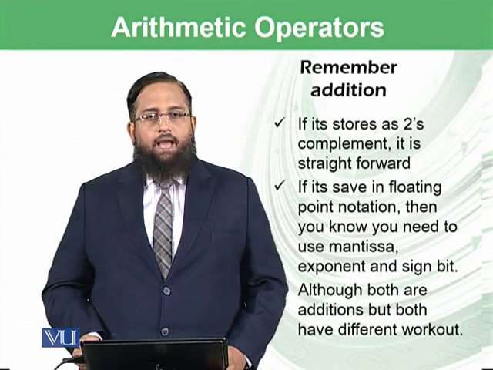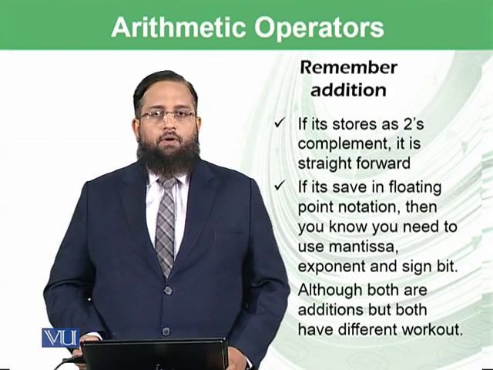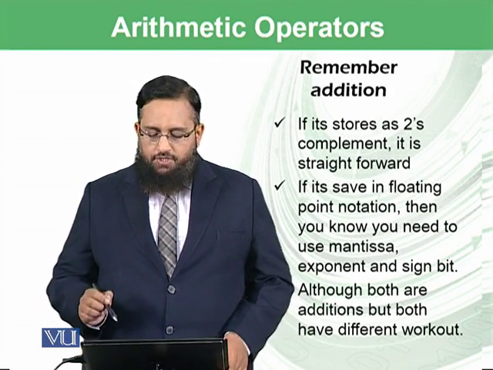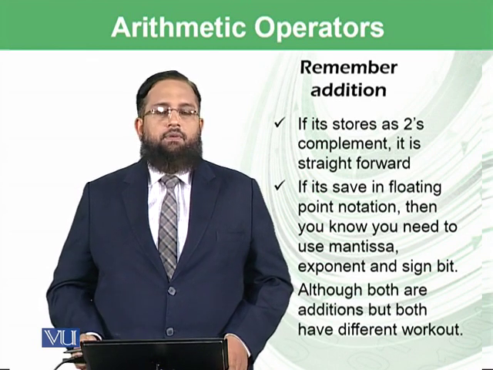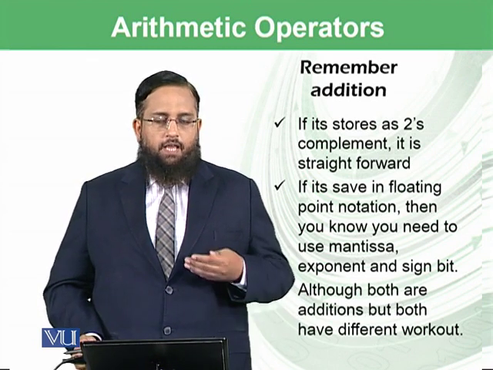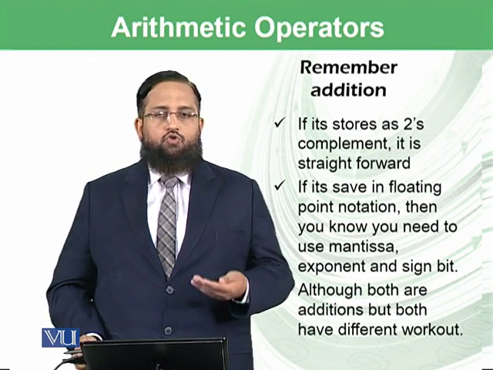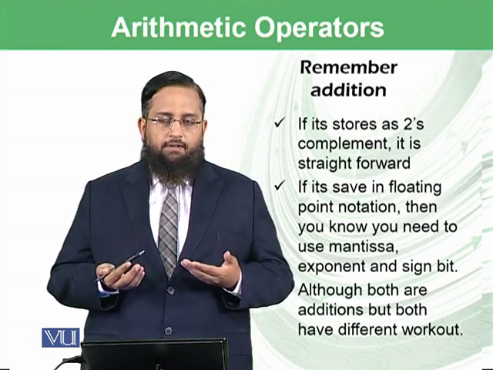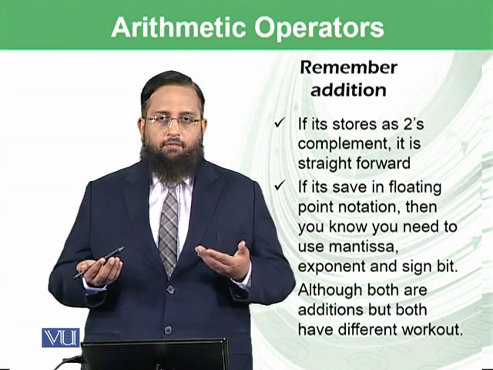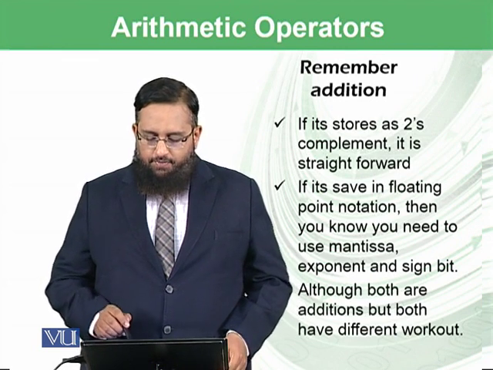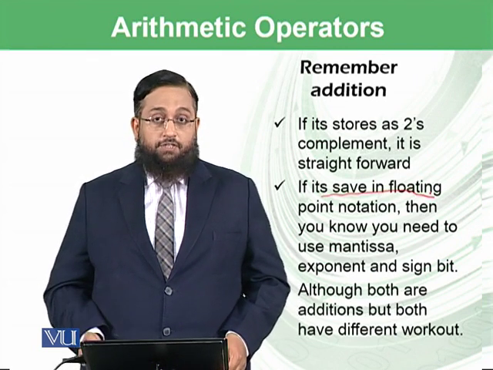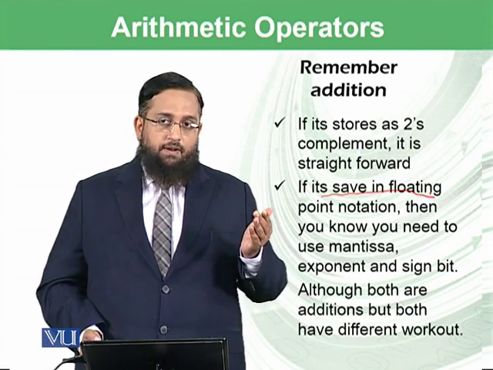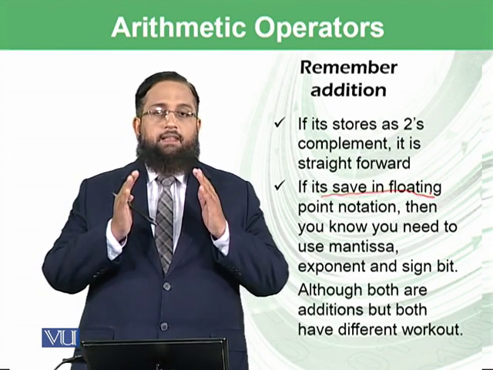However, whether we are performing addition, subtraction, multiplication or division, you must remember how that number has been stored. If that number has been stored using 2's complement notation, then it is very straightforward: fetch the value and subtract it, add it or multiply it, whatever. However, if it has been saved in floating point notation, then you must remember that in floating point there is a sign bit, a mantissa field and an exponent field.